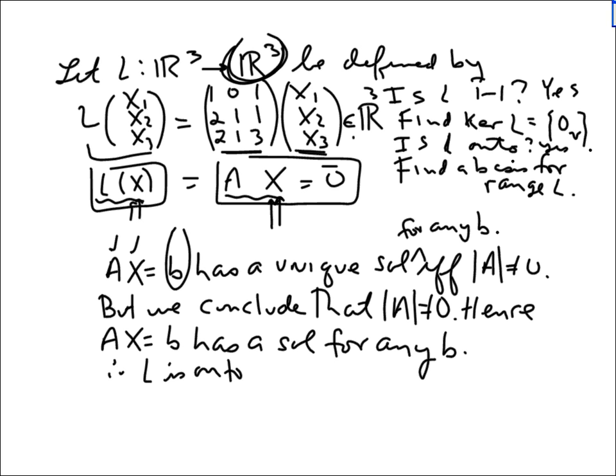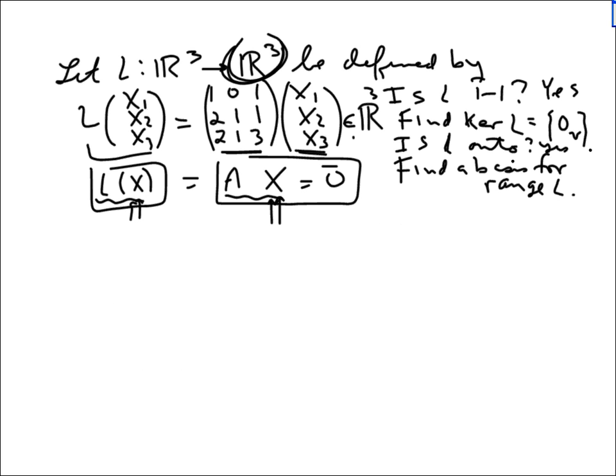Okay, find the basis for the range of L. If we knew what the range of L was, then we'd have a fighting chance to find a basis. But the range of L is some subset of R3.